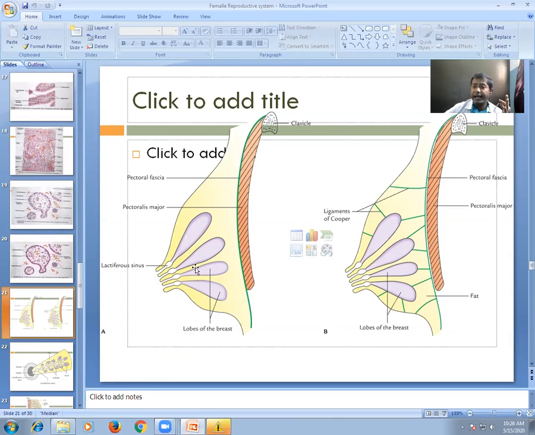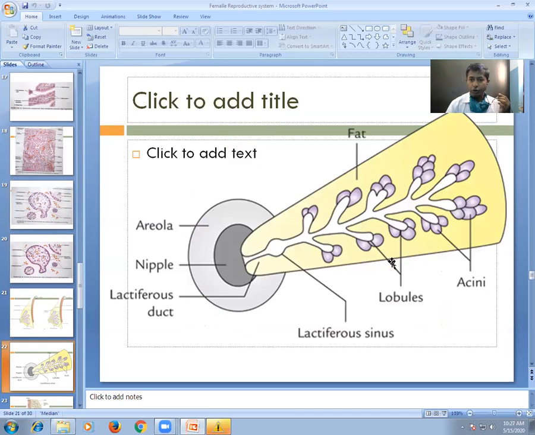Now the third slide, or third structure, that we must know regarding the female reproductive tract. This is the accessory organ of the female reproductive tract, that is the mammary gland. The mammary gland consists of lobes. One lobe I am describing here, that is the nipple, the areola where this lobe is opening.